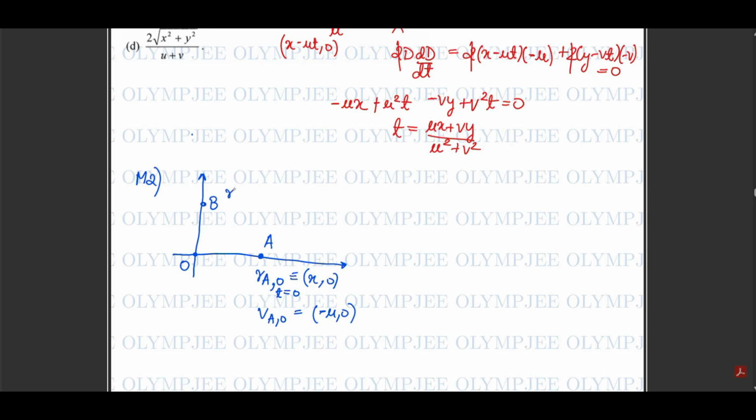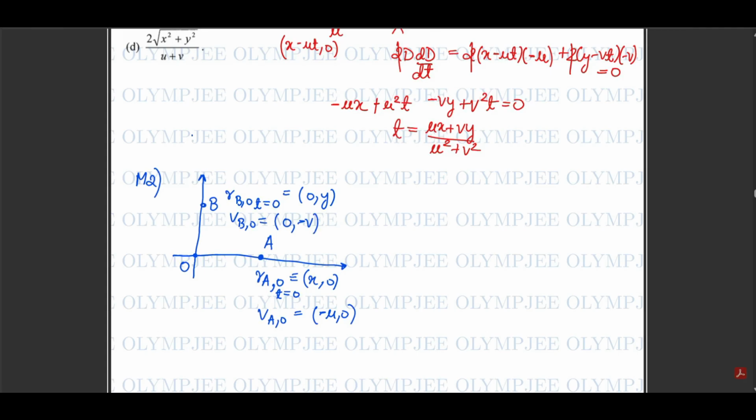Similarly, the position of B with respect to origin at t is equal to 0 is given as 0, y, and velocity of B with respect to O is given as 0, minus v.